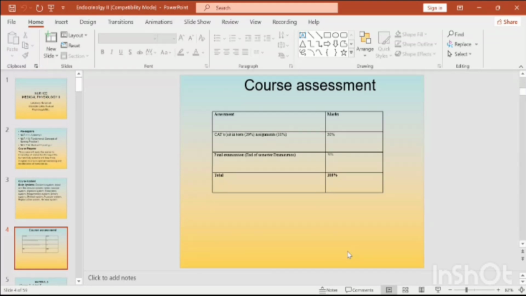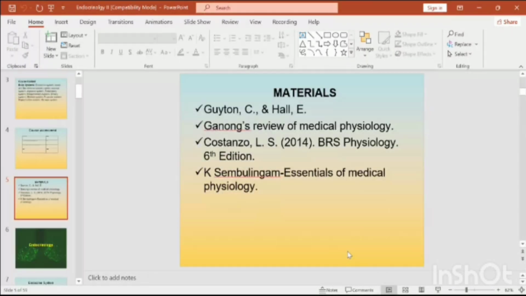A total will give you 30. End of semester exam is 70%, but I set it out of 100% already, and once you do it, I'll reduce it to 70%. That will give you a total of 100%. And you know the cut mark is 50. Anything below that is a supplementary.